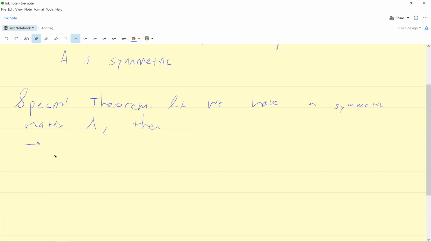So from the above lemma, we know it's going to be orthogonally diagonalizable. And does anyone remember the other consequences, which are also kind of coming from this orthogonally diagonalizable part?